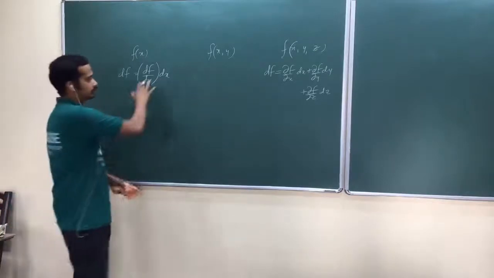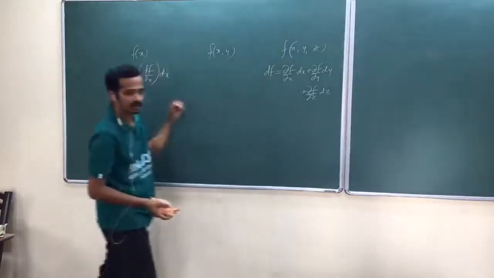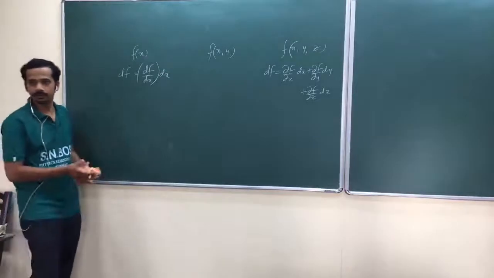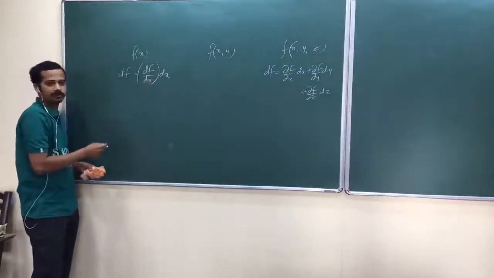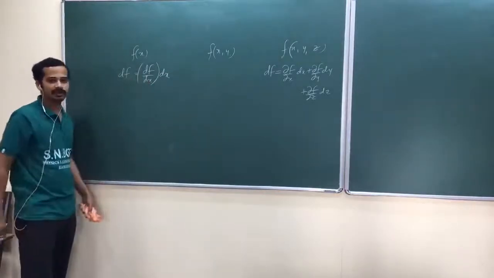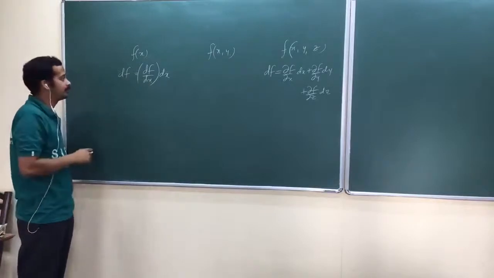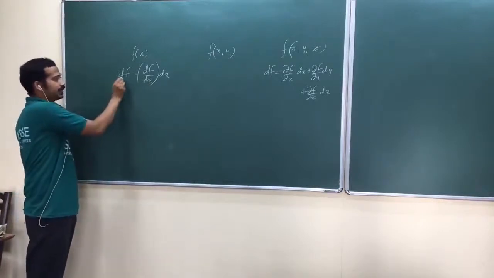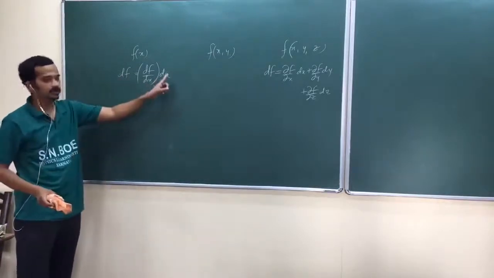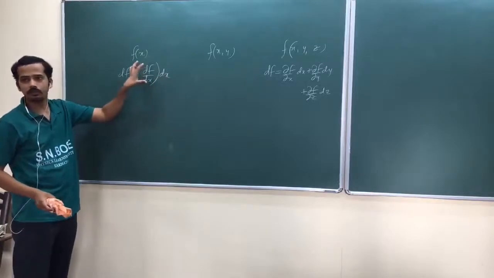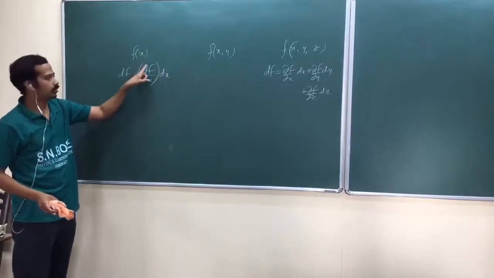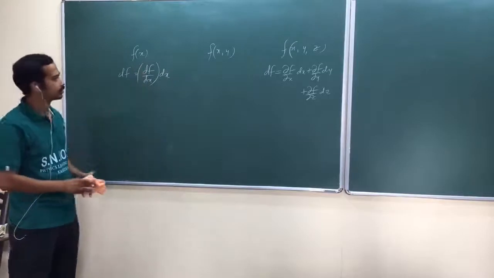So to generalize that to three dimensions, I have to write like this. Again, df/dx equal to df/dx is not my aim. My aim is to say the change in f is related to the change in x, by the slope, which we call differentiation.